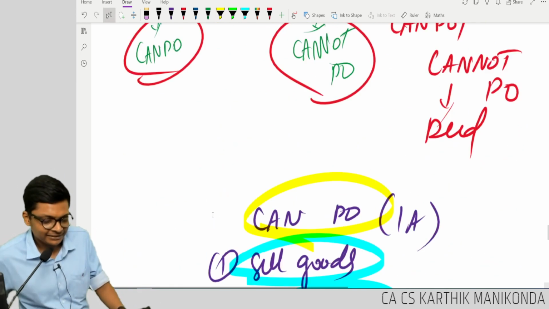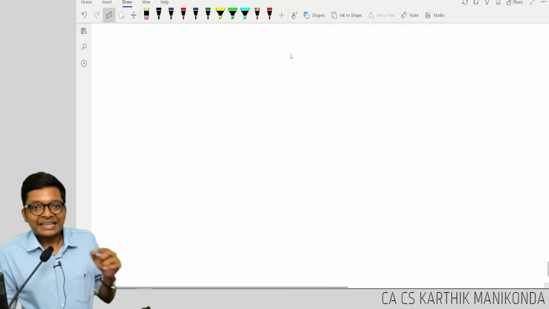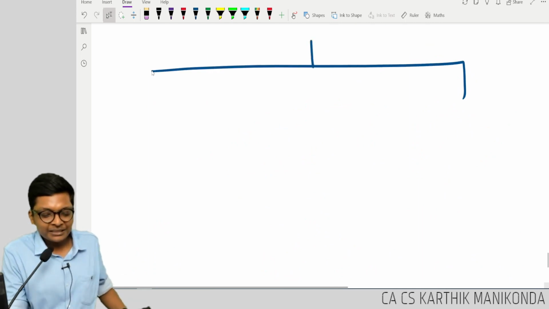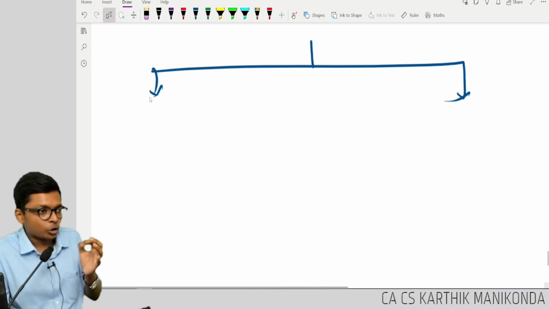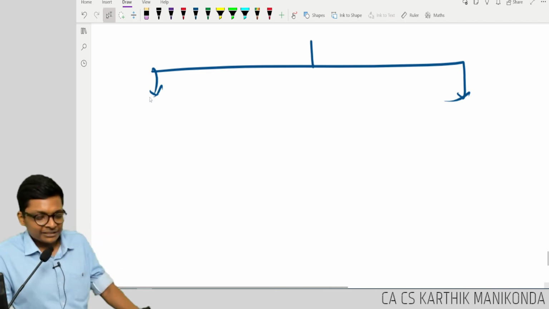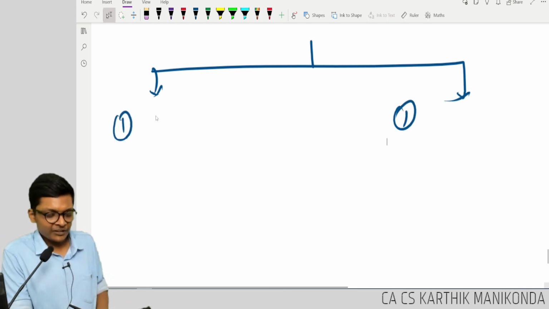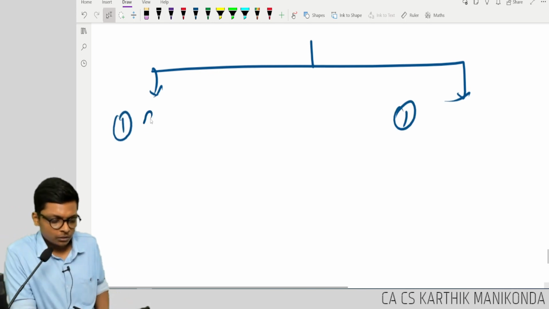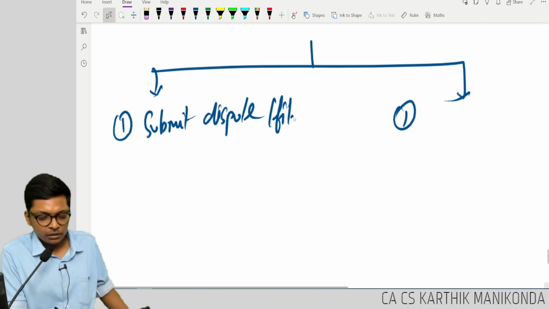Are you following, guys? Now coming to implied authority of what you cannot do. We will split these points into points related to court and points related to others. What are the points, guys? First one, submit dispute, file a suit.